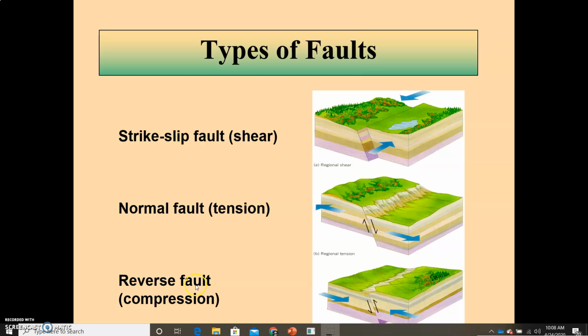So it's being squeezed. So those are the three types of faults that occur during faulting. During some tectonic event, the rocks are either being pulled apart or squeezed, depending on the geologic setting.